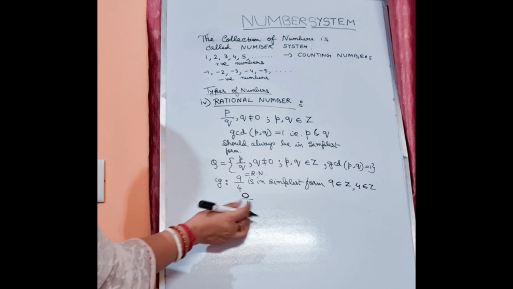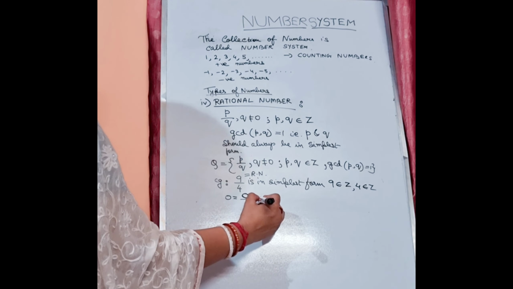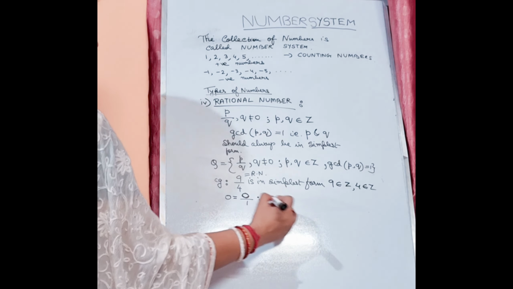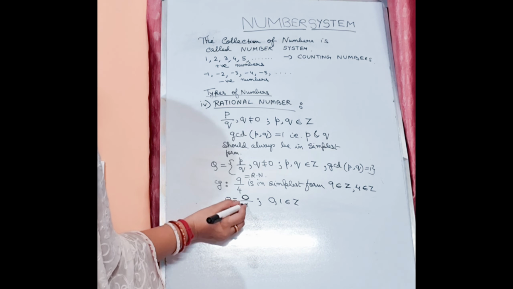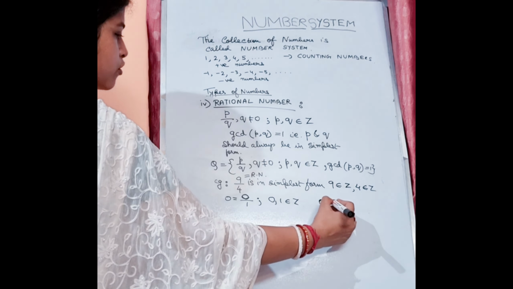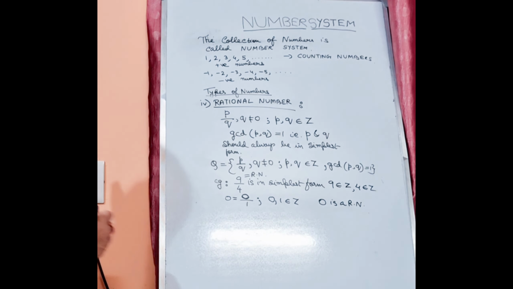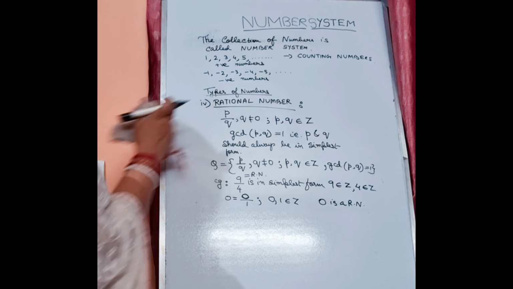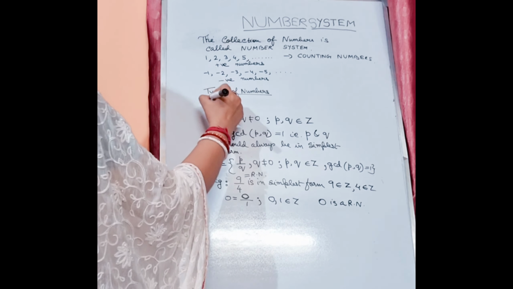So both 0 and 1 are integers, and it is in simplest form. So therefore we can say that 0 is a rational number. Hope it is clear.